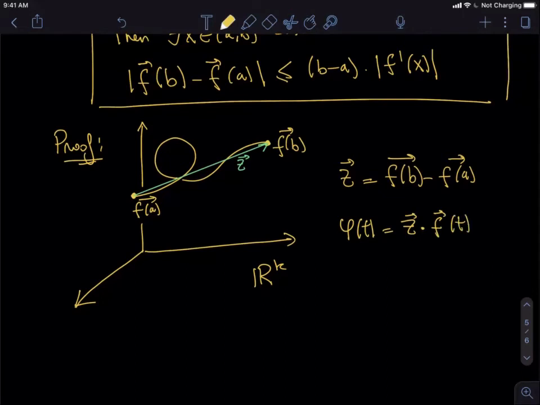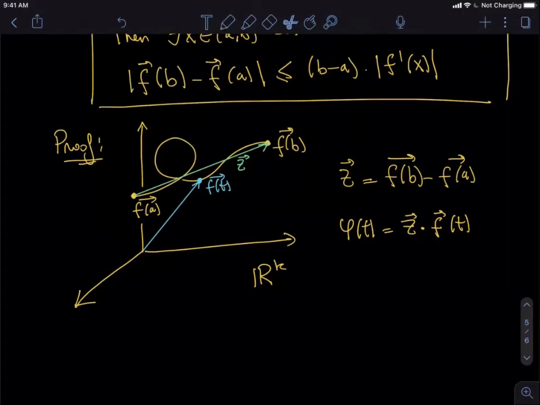Let's say I'm looking at this particular t. Well, actually, that would be f of t. So when I look at f of t as a vector, I'm looking at the vector connecting 0 with f of t.